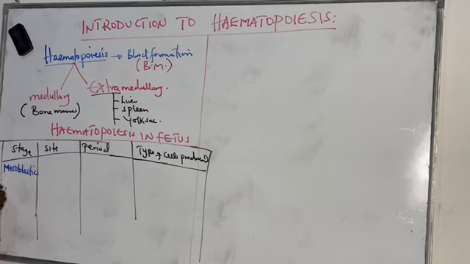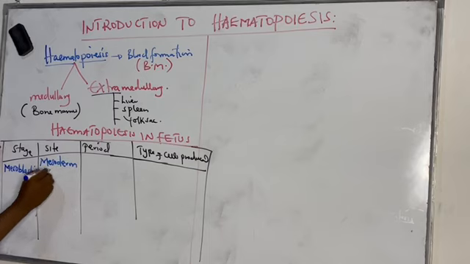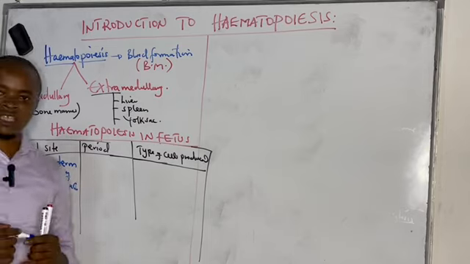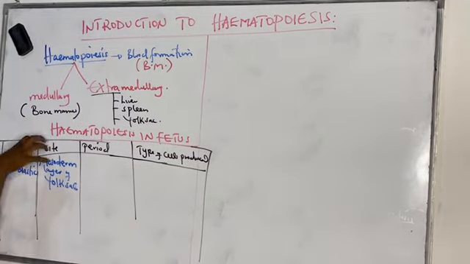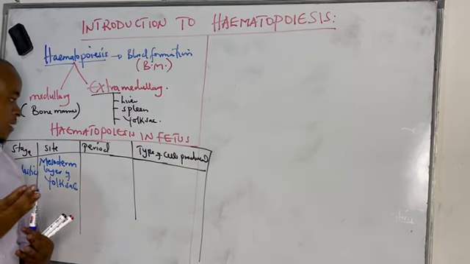This mesoblastic stage occurs in the mesoderm layer of the yolk sac, or sometimes we normally say yolk sac. So at 2 weeks after fertilization, there is a formation of the mesoderm layer, whereby in the mesoderm layer of the yolk sac, we see haematopoiesis starting.